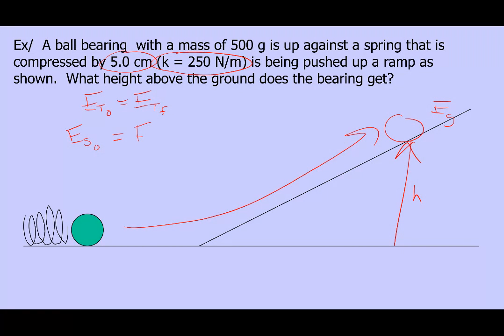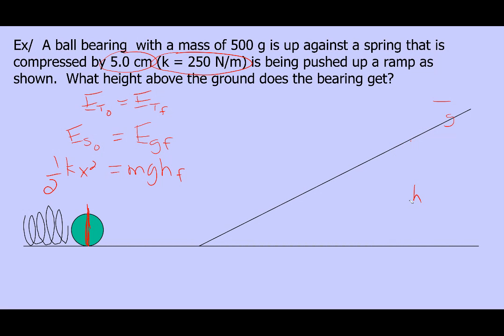So all you have is E_g final when it gets to its max height. We're going from start to finish. So what are the formulas? 1/2 kx squared, that's the formula for elastic potential energy, and then mgh final for the final height that it gets up to.